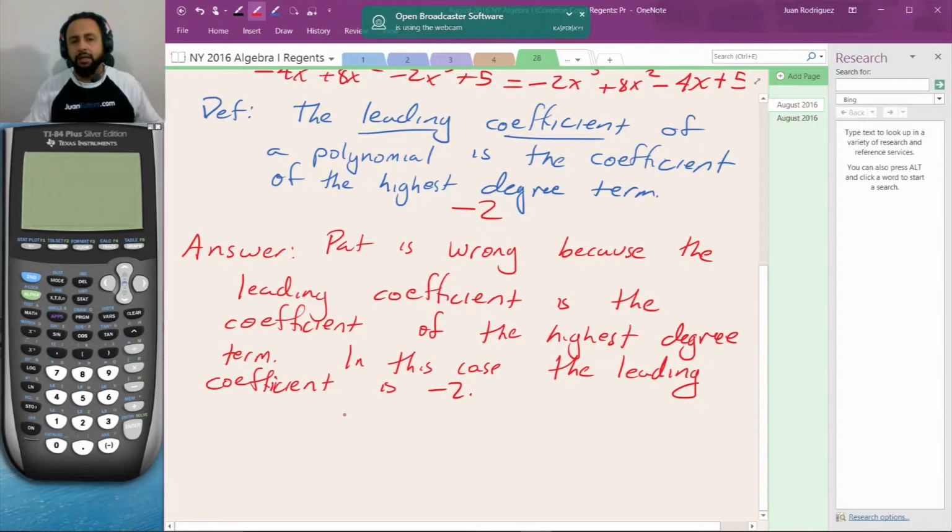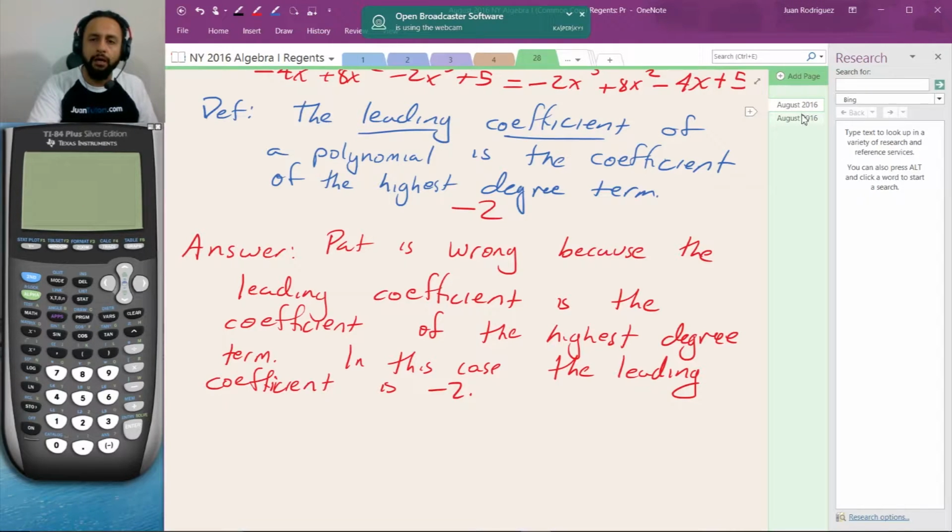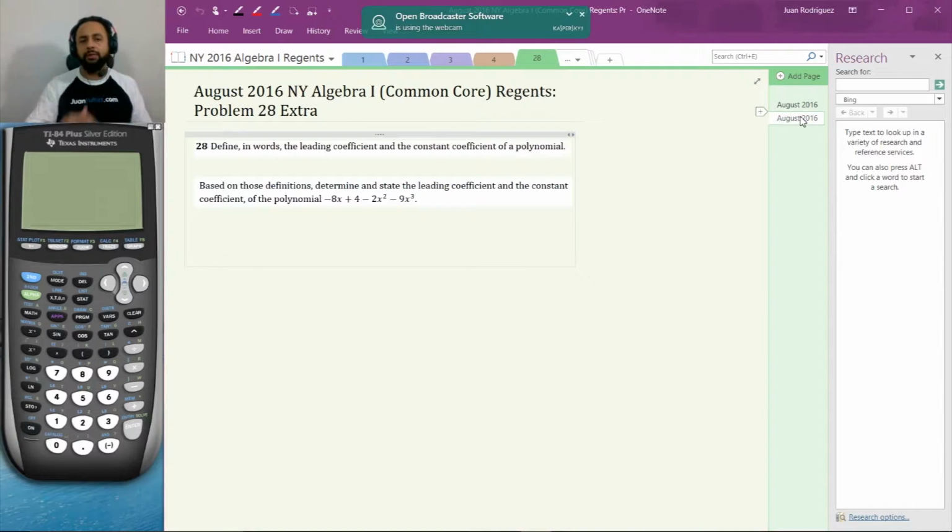I've seen things like "no, because when you put the polynomial in decreasing exponent order, the first coefficient is -2." That's also a valid definition. So let's make sure we review this by looking at an example problem that we've done. Define in words the leading coefficient and the constant coefficient of a polynomial.